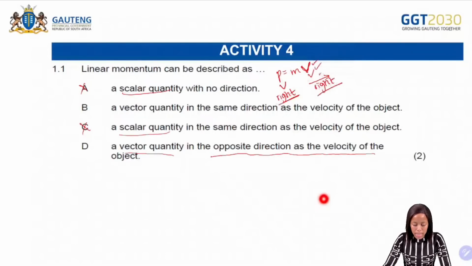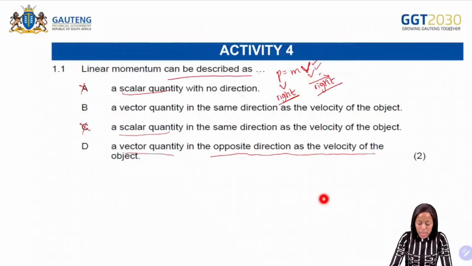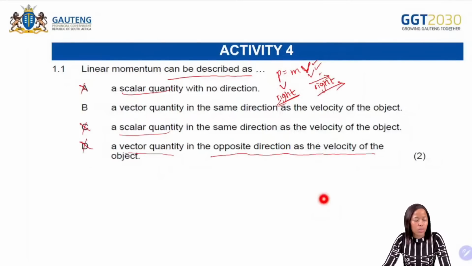Now let's read again. Linear momentum can be described as a vector quantity. We agree that it's correct. In the opposite direction as the velocity of the object. This statement is saying that if the velocity is to the right, then the momentum is going to be to the left, and that is going to be incorrect.